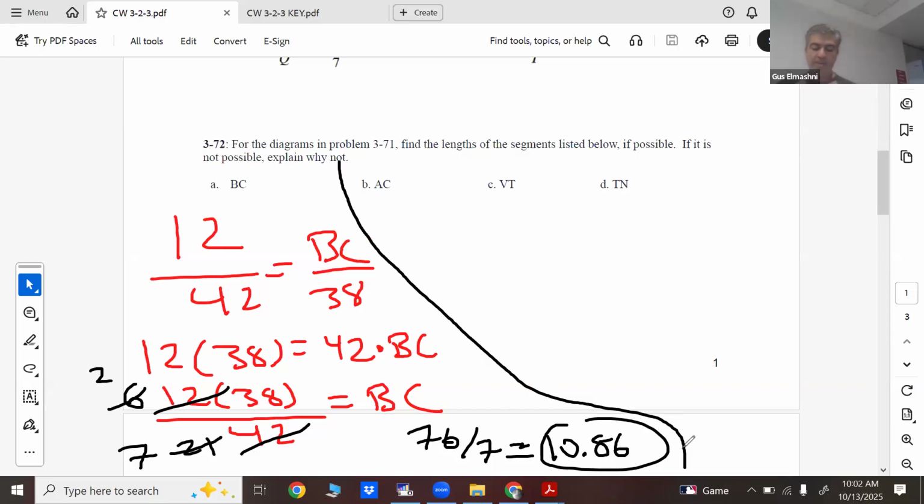Go and try for part B. There's not enough information.